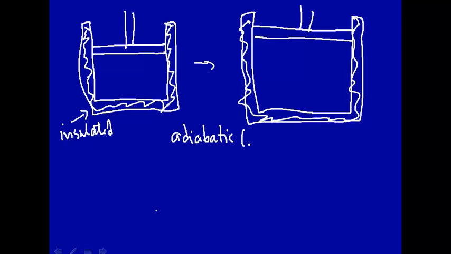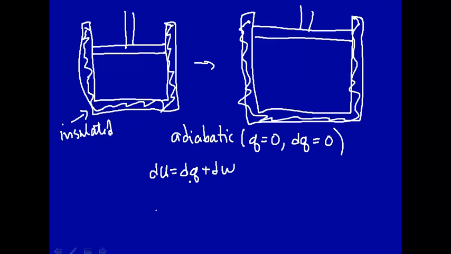And recall, adiabatic means Q is equal to 0, or dq, the infinitesimal heat change, is equal to 0. So no heat can be transferred to and from this process. Let's start with the first law of thermodynamics. dU, let's use the differential form, is dq plus dw.